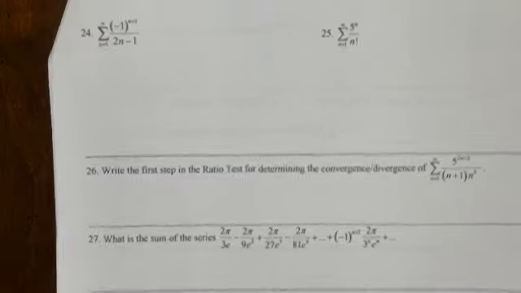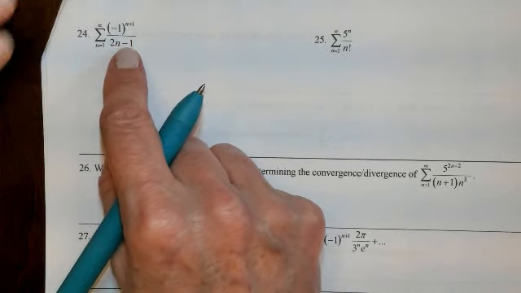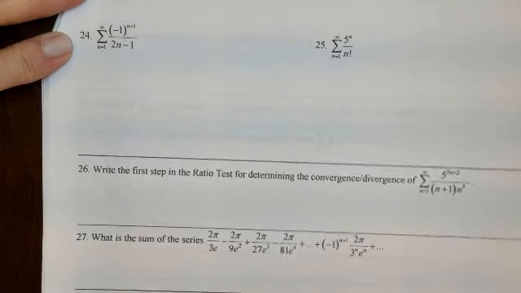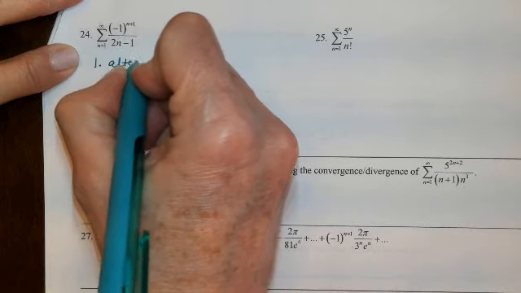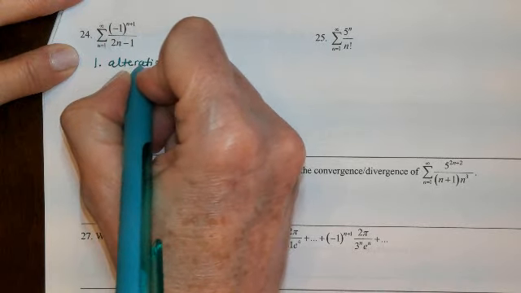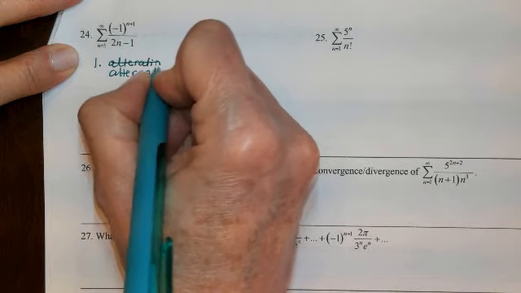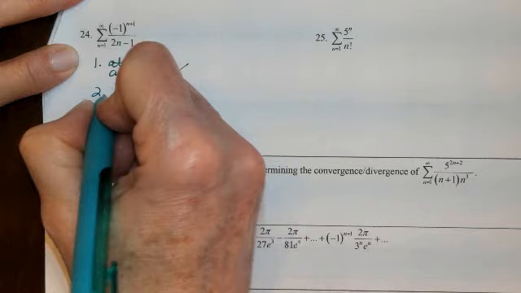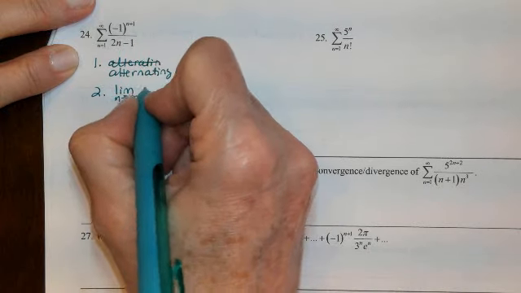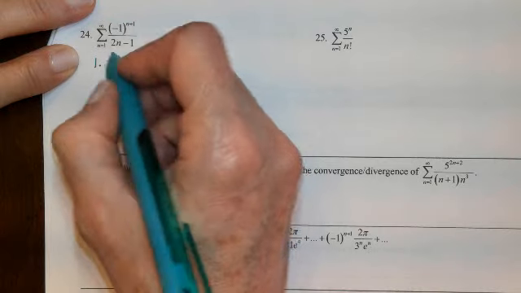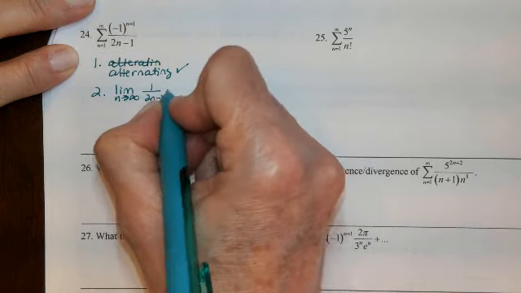Next up, number 24. I see that this series is alternating, so I'm going to use the alternating series test. Alternating series test, 3 little steps. Is it alternating? Yes, it is. Number 2, is the limit, as n goes to infinity, of the absolute value of this, 0? Yes, it is.